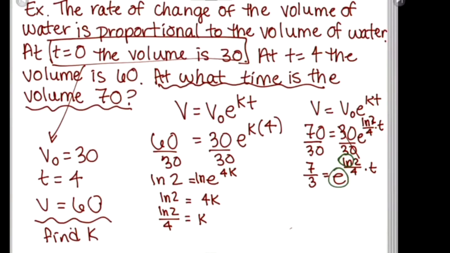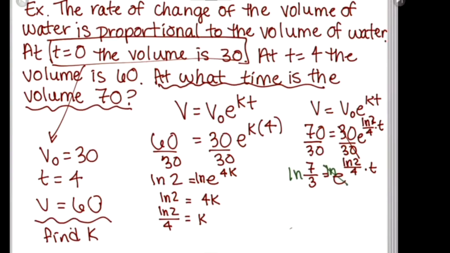The reason is this ln is only applied to the 2, but the e has everything in the exponent. So because the ln and the e are applied to different things, they don't cancel. So to get rid of that e, we have to stick an ln in front of each side.